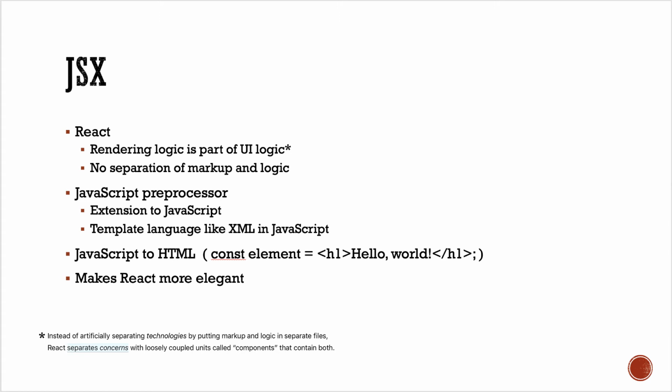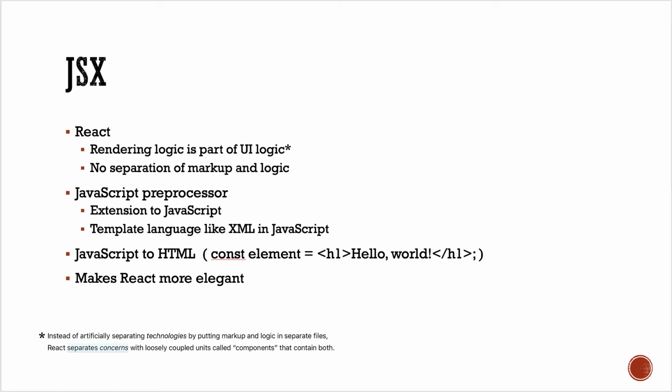JSX allows us to weave JavaScript into the HTML that we want to render seamlessly. JSX is a JavaScript preprocessor, or an extension to JavaScript, and allows us to render header tags, divs, spans, links, and other elements of an HTML web page while introducing JavaScript in the presentation of these elements.